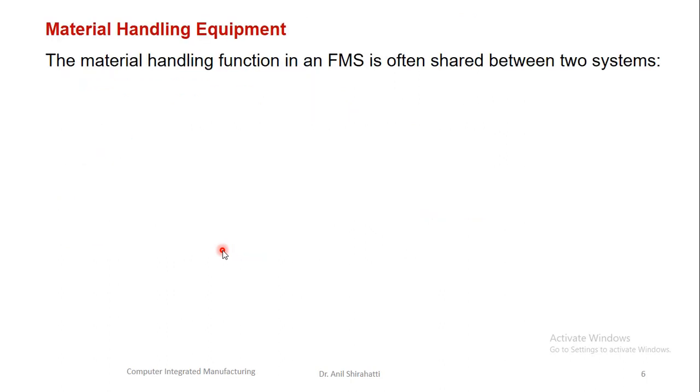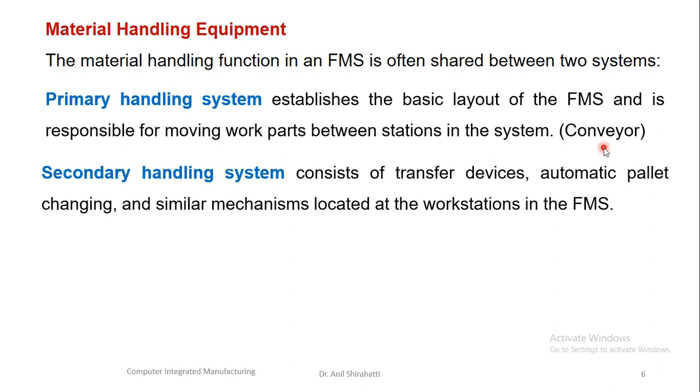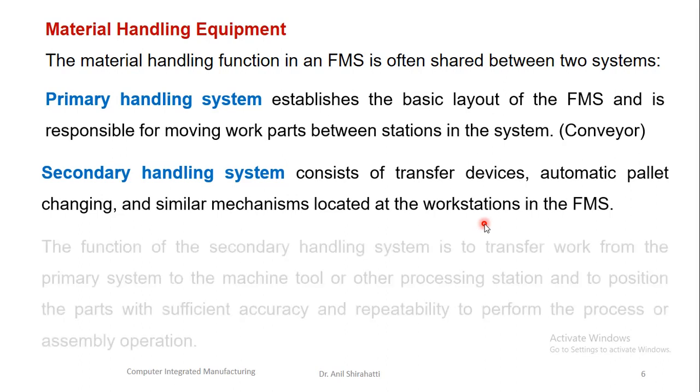Material handling equipment. So there are two types of material handling equipment. One is the primary material handling equipment system, which establishes the basic layout of FMS. This is responsible for moving work parts between two systems. Mainly they are the conveyors. Second is the secondary, which consists of devices like automatic pallet changers and similar mechanisms located in the workstation of FMS.